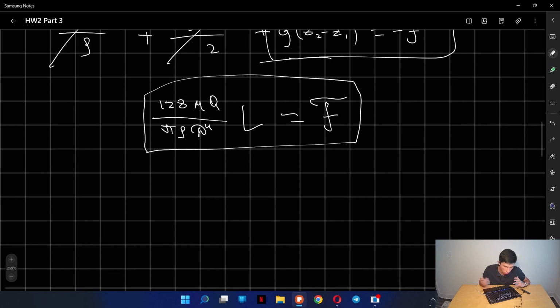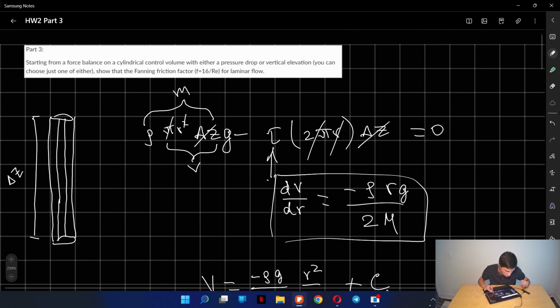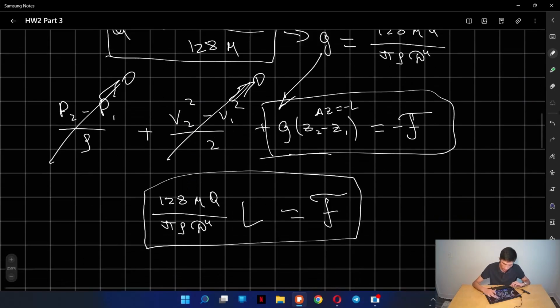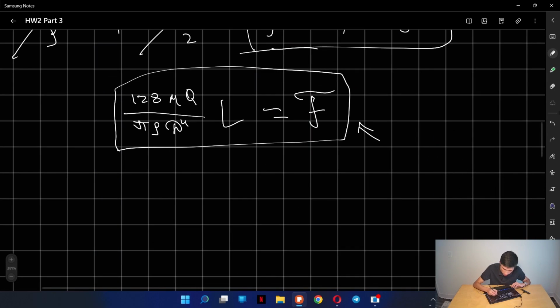Okay, so the next thing we want to do is, in the question we're asked to find the fanning friction factor for the laminar flow. And this is only valid in laminar flow, right?